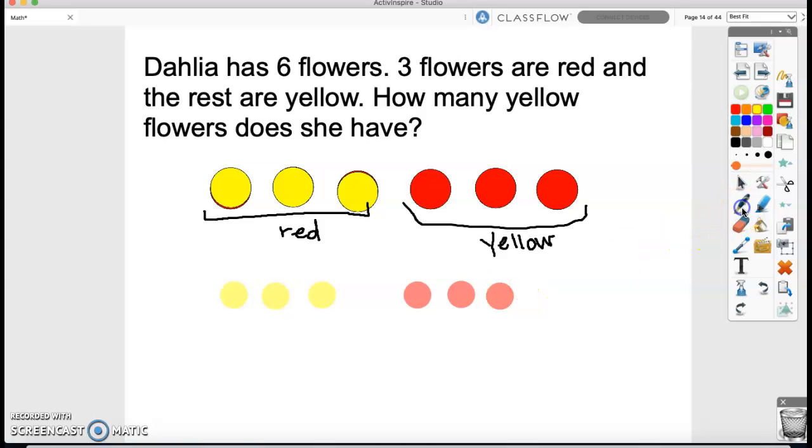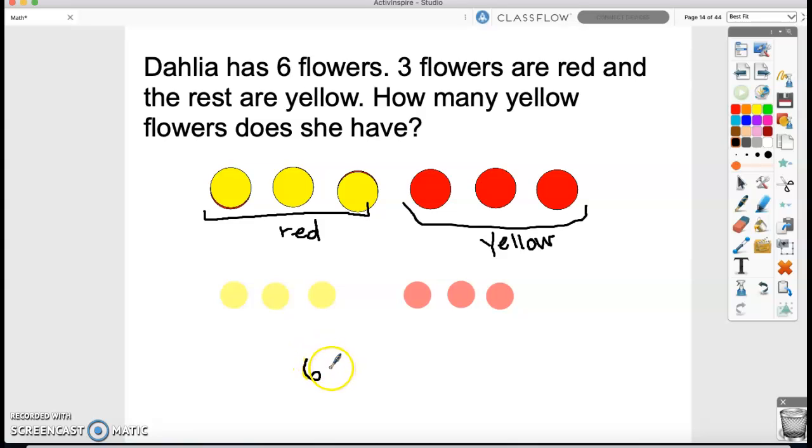And now I'm going to write my number sentence that goes with this problem. It says, Dahlia has 6 flowers. So I know we start with 6. And it says 3 flowers are red and the rest are yellow.